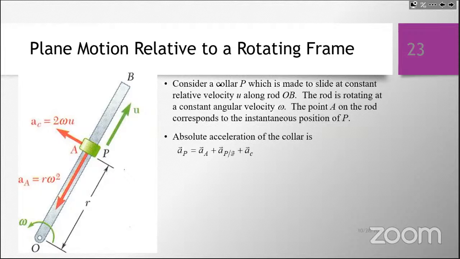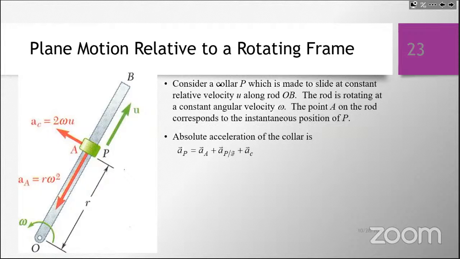So the acceleration of P, the collar, is equal to the acceleration of point A plus the acceleration of point P with respect to the rotating frame plus the acceleration due to the Coriolis effect, the Coriolis acceleration.